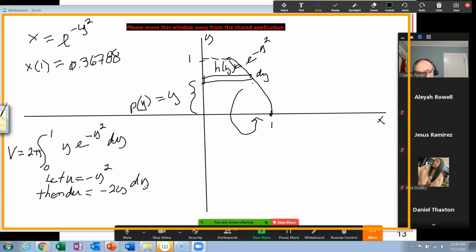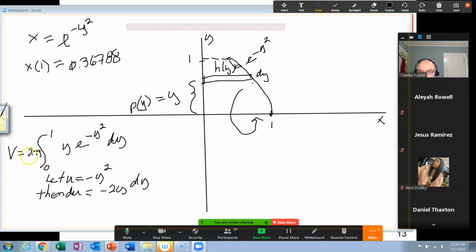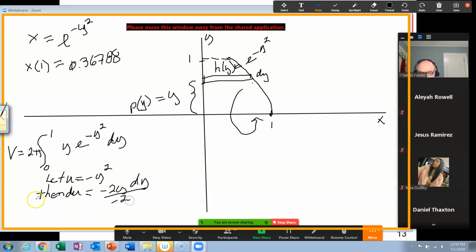Right? If you see I'm making a mistake, please say something. Up here we have a 2, but that's on the outside. We have a y dy, and we want this to be a y dy. So what we're going to do here is divide by negative 2. So we have to divide the du by negative 2 as well.